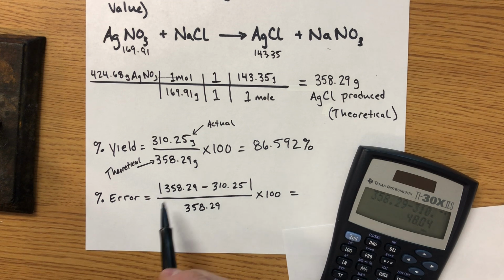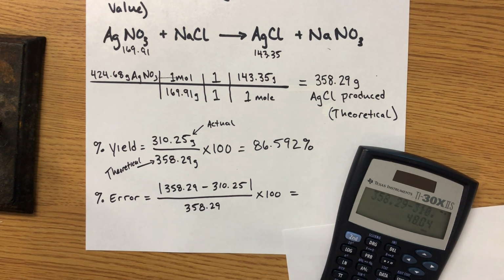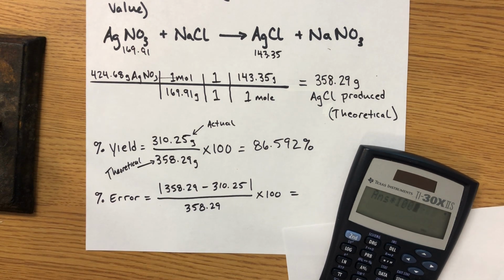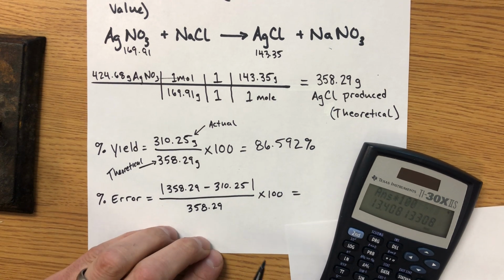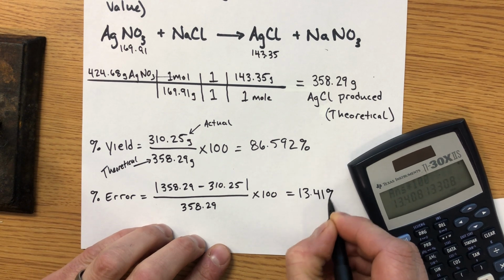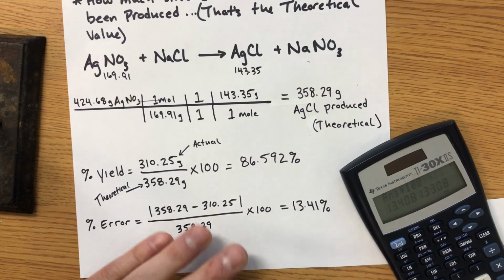And if you end up with a negative number here, just make it a positive, right? So that number then divided by the theoretical 358.29, times 100, gives us a 13.41% error, okay? And yeah, so that's how that goes.